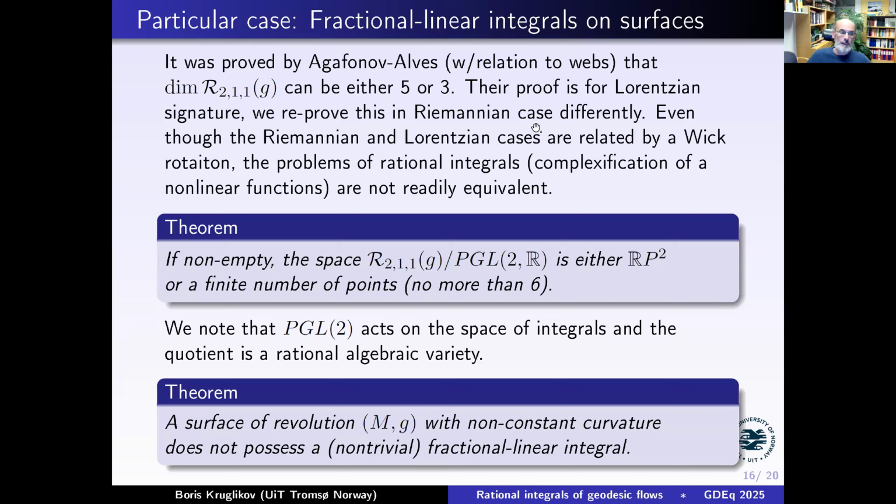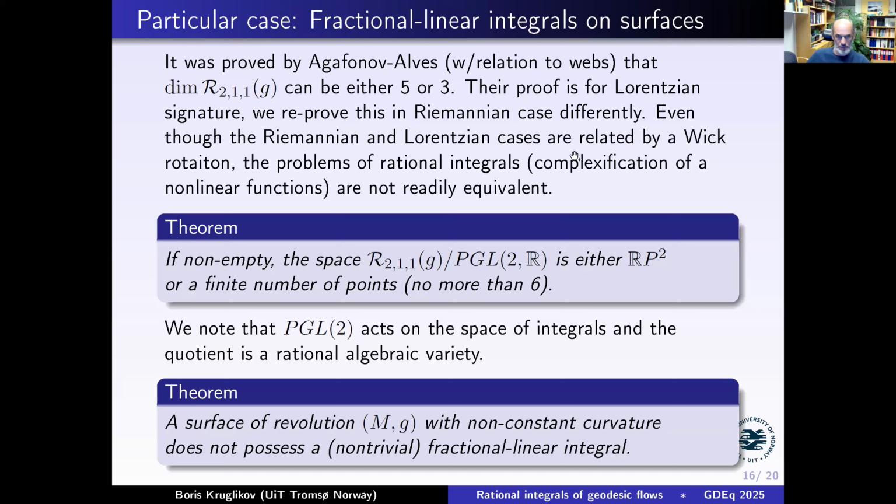But a word of caution. When you work with Killing tensors, it doesn't matter what the signature is, because the equation is linear. So you can easily complexify things: you go to the complex world, do a Wick rotation, return back to the real world with a different signature, the same story.